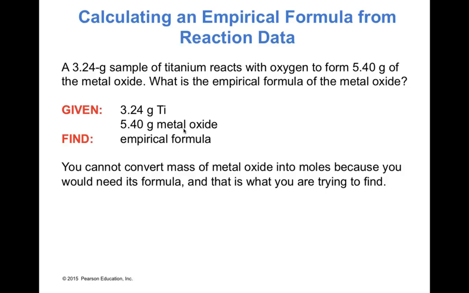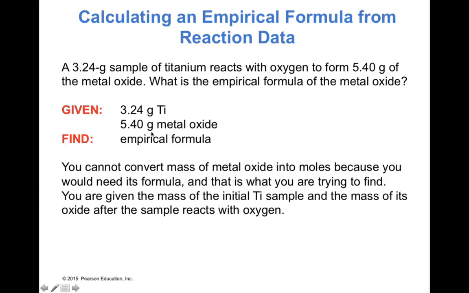So what we can do, first of all, you're given the mass of the initial titanium and the mass of the oxide, but we need to determine the mass of oxygen. How can we determine the mass of oxygen if this is what we have? Remember the law of conservation of mass: mass cannot be destroyed or created.